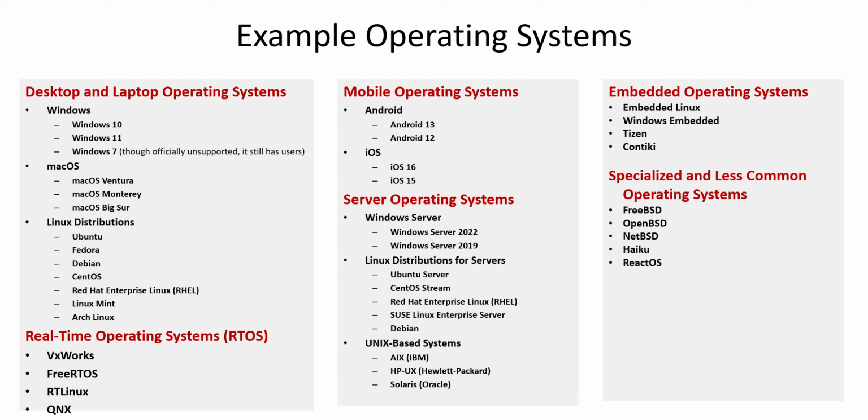And rounding things out, embedded systems use things like Embedded Linux and Tizen, while specialized systems include FreeBSD and OpenBSD, Haiku and ReactOS. You don't need to memorize this entire list. The point is simply to see just how broad and diverse the operating system landscape really is.